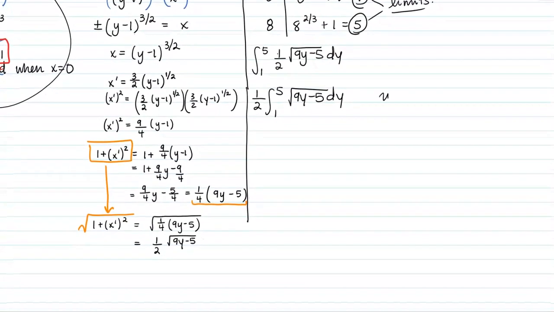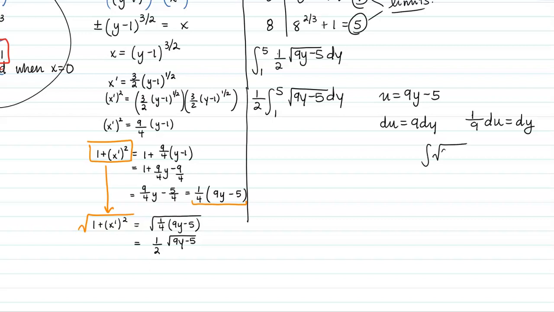So I'm going to let u equal 9y minus 5. Then du is 9 dy. But we don't have a 9 dy, so 1/9 du is equal to dy. We could switch limits here, but I'm not going to. I'm just going to do this integration off to the side, and then I'll go and plug in what we have.